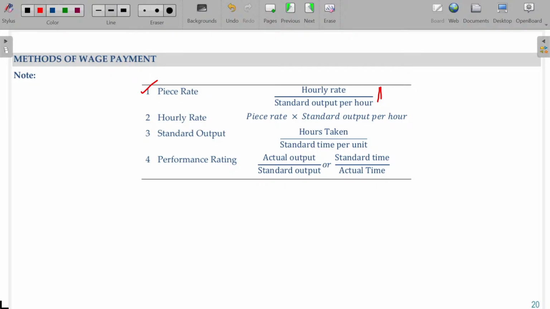In 1 hour I offer you 400 rupees and I demand you to produce 2 units. It means for 2 units of production I offer you 400 rupees. Then per unit is 200 rupees. Otherwise, hourly rate divided by standard output per hour. Then how can you calculate hourly rate? You multiply these two. From formula number 1 you can arrive at formula number 2 also. Clear? Performance rating, we have already studied the formula here.